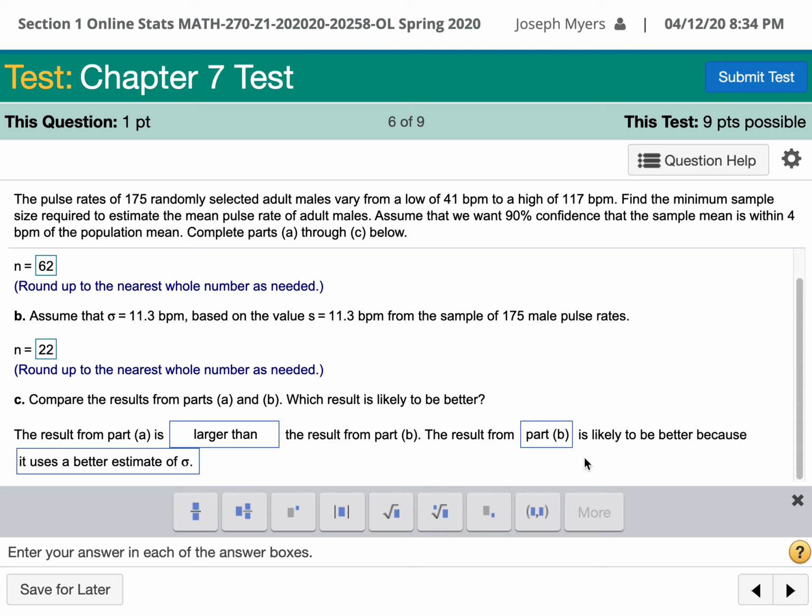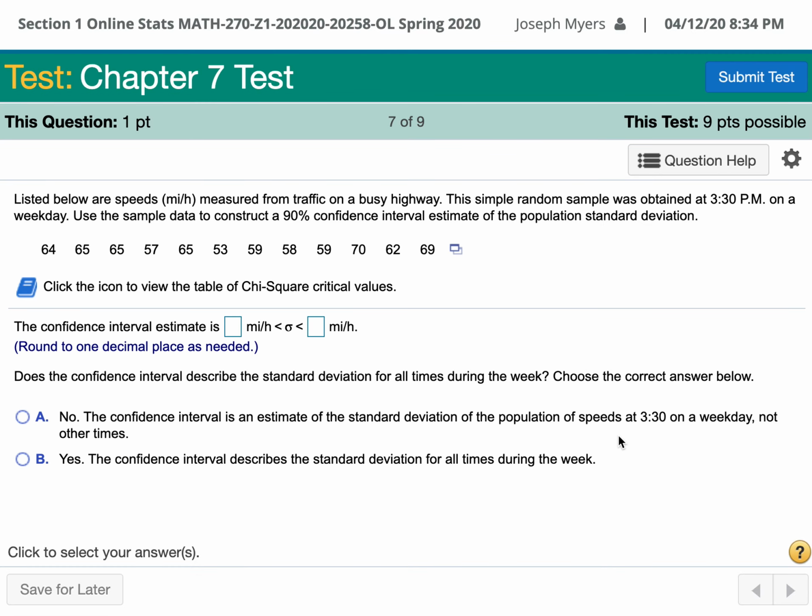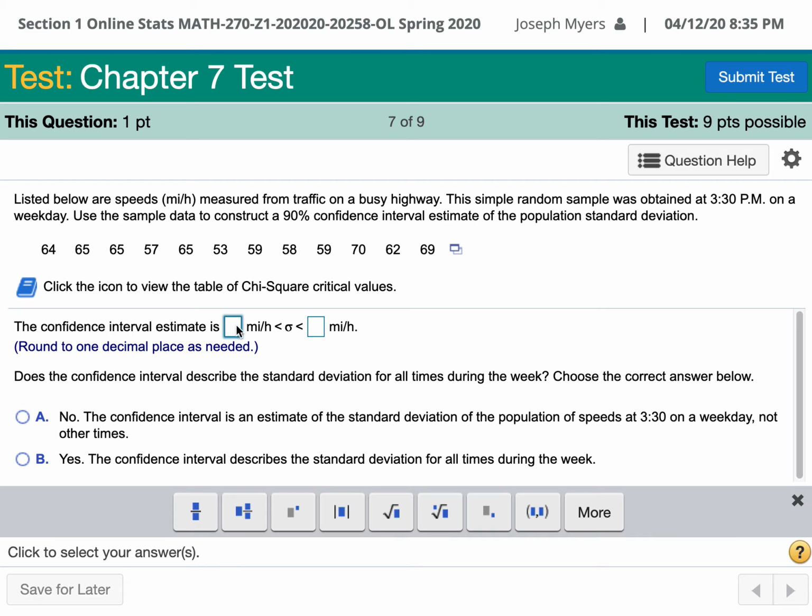Alright. Now let's look at question number 7. The way to estimate a confidence interval of this population standard deviation is, first of all, you open the data in StatCrunch. So click this data icon, then click open in StatCrunch.